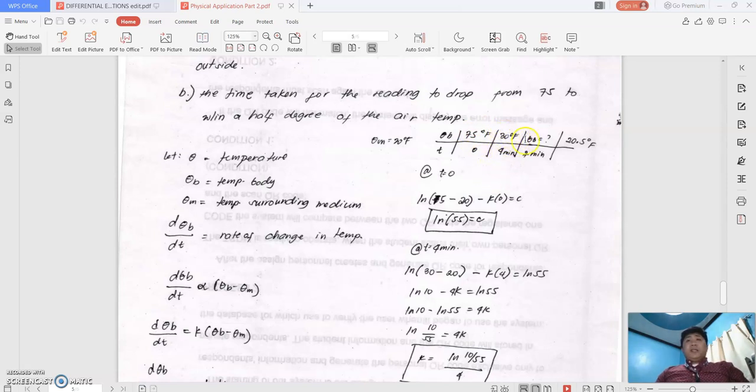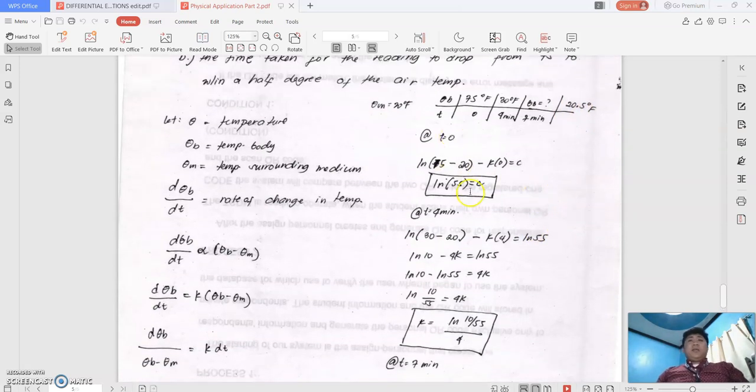At 4 minutes the thermometer reads 30 degrees Fahrenheit. Now the questions: what is the temperature of the thermometer after 7 minutes, and at what time will it reach 20.5 degrees Fahrenheit?